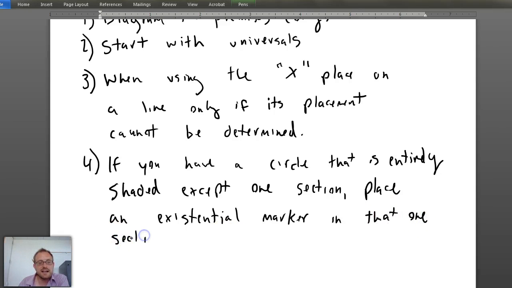And that, of course, is to test for whether or not the argument is valid from Aristotle's perspective.